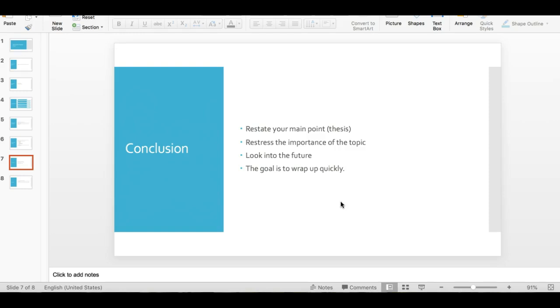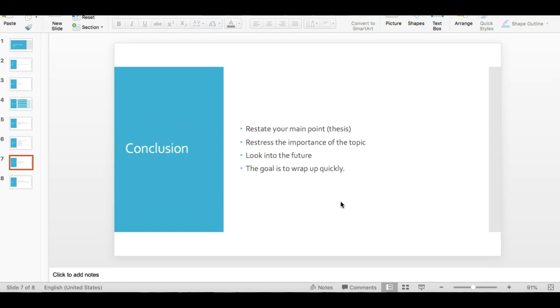You can re-stress the importance of the topic. It's important when we talk about mental illness for college students on college campuses, and you should say why. You want to look into the future. What happens if we do address it? Do we have much more healthy citizens that go off and do healthy things?